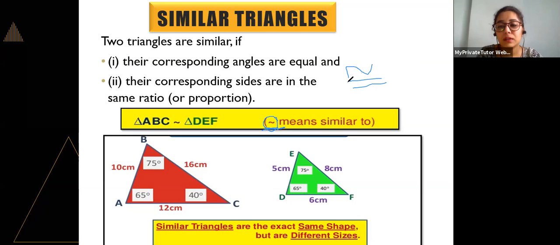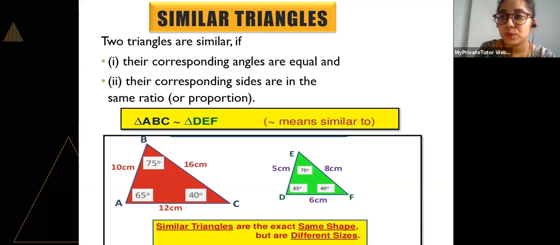In similar triangles, we don't put the equal to sign because they are not equal in measurement. This is the sign for showing similarity between triangles. So two triangles are similar if their corresponding angles are equal and their corresponding sides are in proportion.